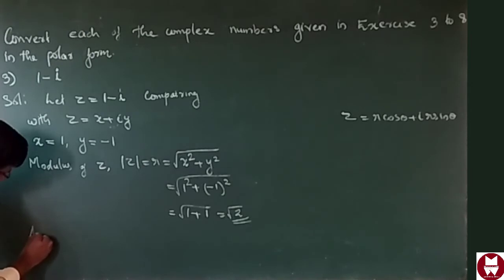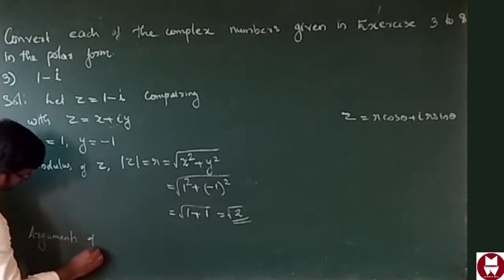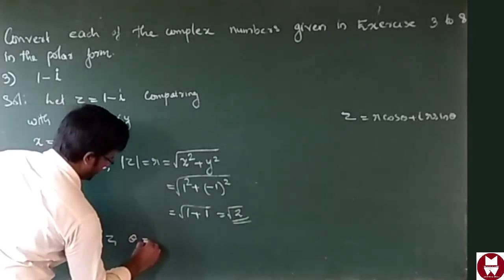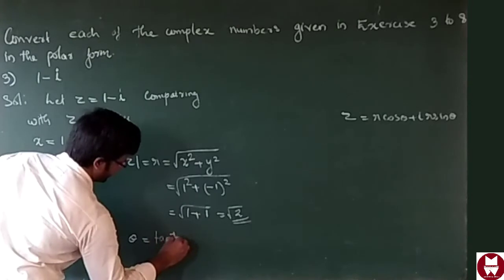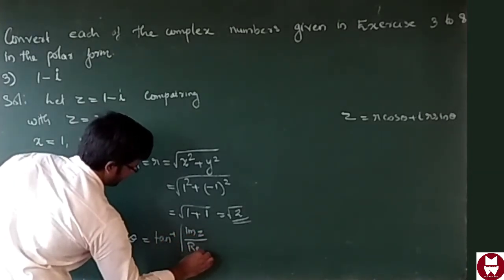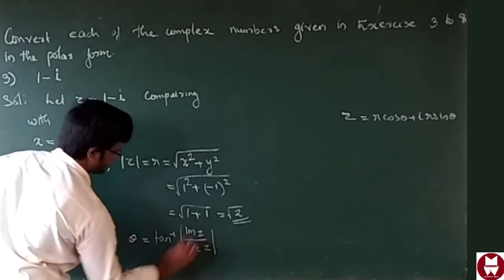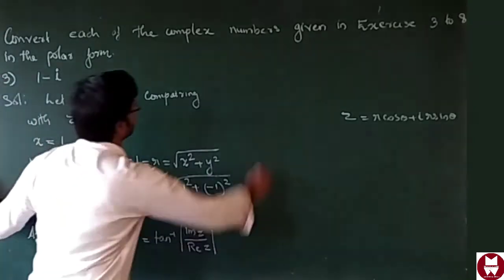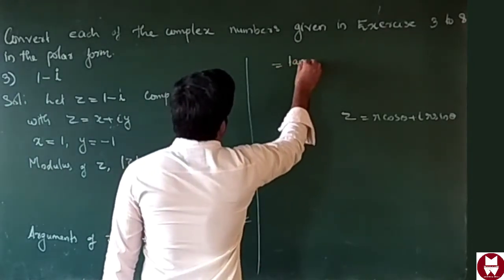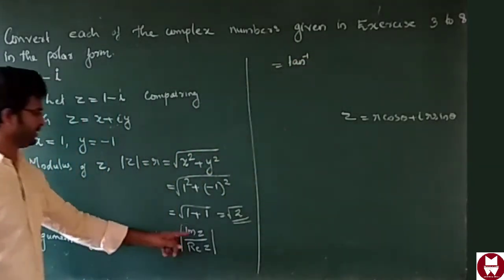Next, argument of z, that is theta, equal to tan inverse of the imaginary part of z divided by the real part of z.